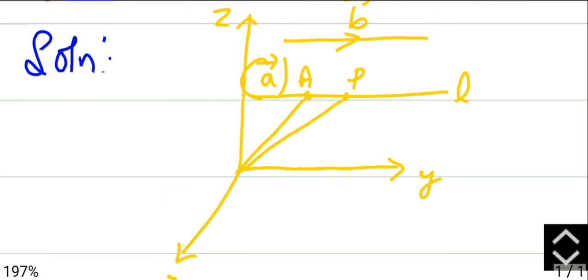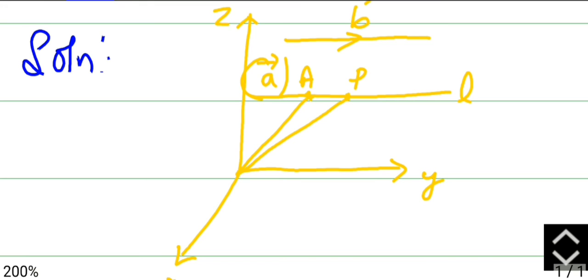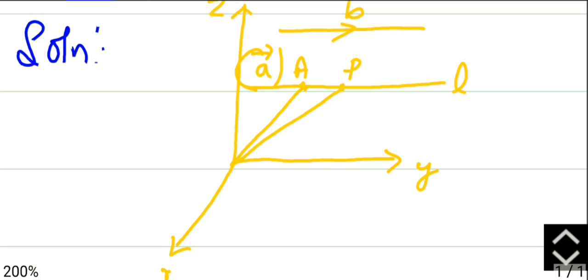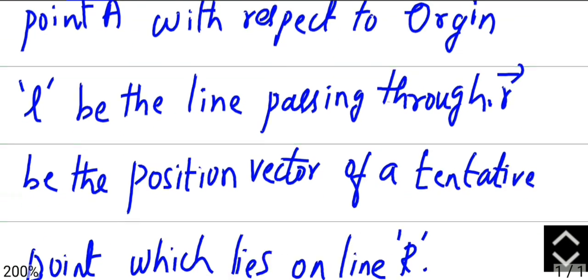So here, if you take a three-dimensional figure, you get x, y and z. Here there is a point, and this is moving on to A and P, and this line is parallel to the given vector. So you can write it as a statement.